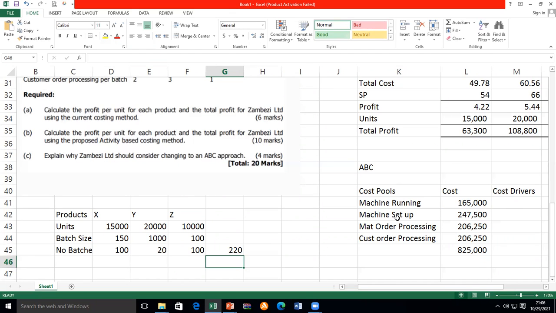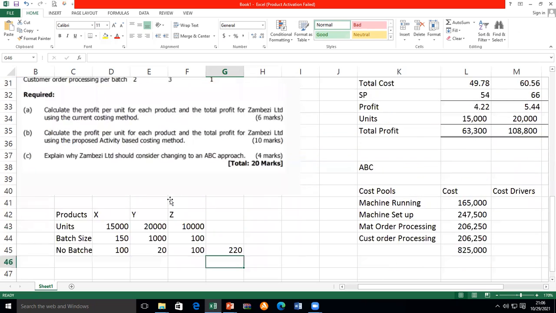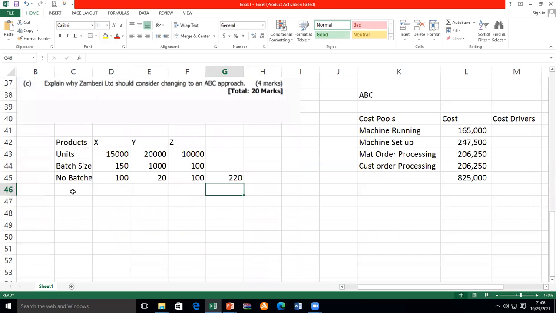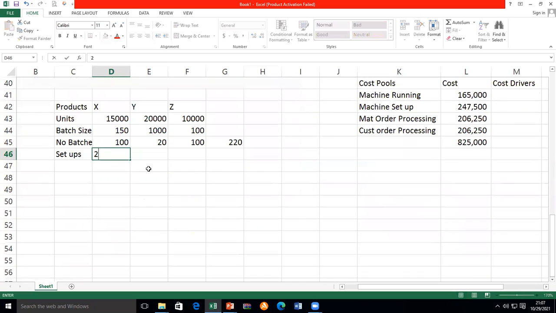And the setups, machine setups. How do you set up now? You come here, setups per batch, 25, 15, and 30. You look at the setups, and these are some of the things that now cause complication for students. So the setups per batch, you have 25 here, 15 there, and 30 there.